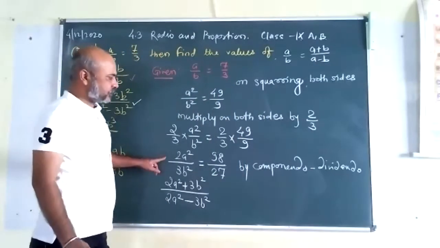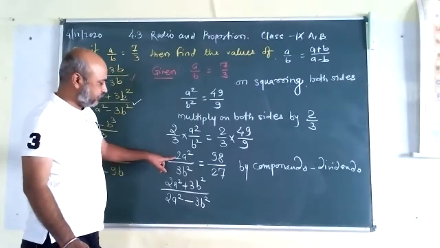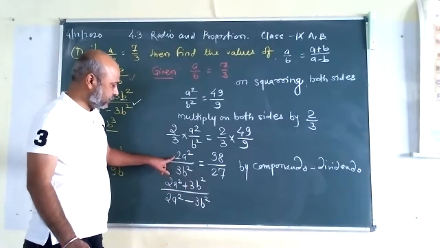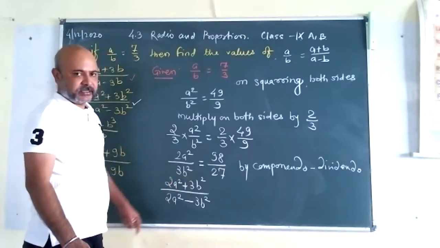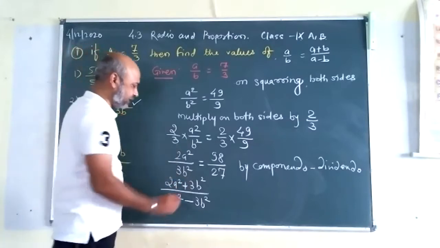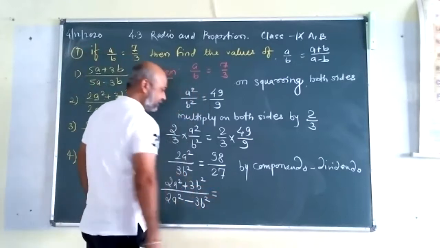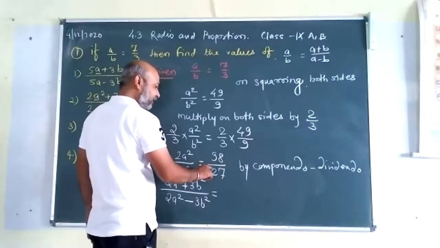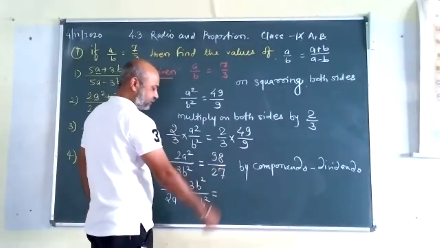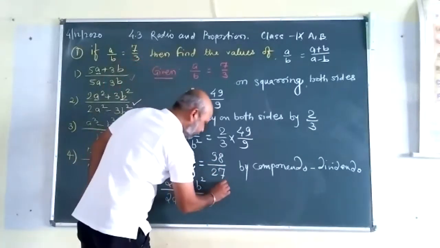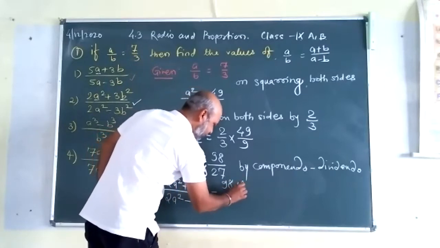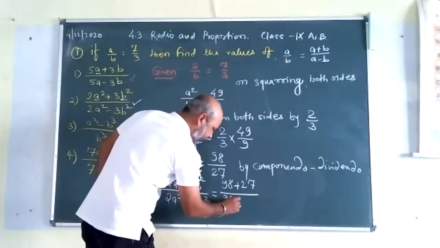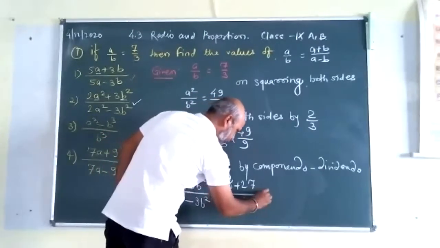Similarly, here you will get 2a square plus 3b square divided by 2a square minus 3b square on the left hand side, and similarly on the right hand side we will do 98 plus 27 divided by 98 minus 27.